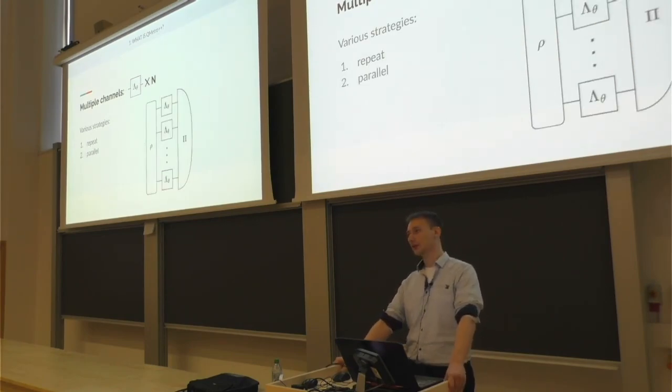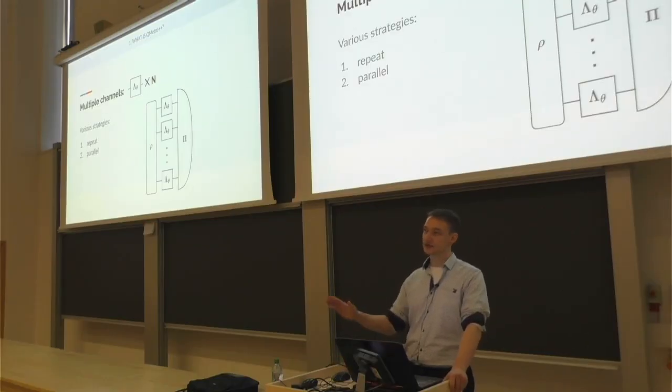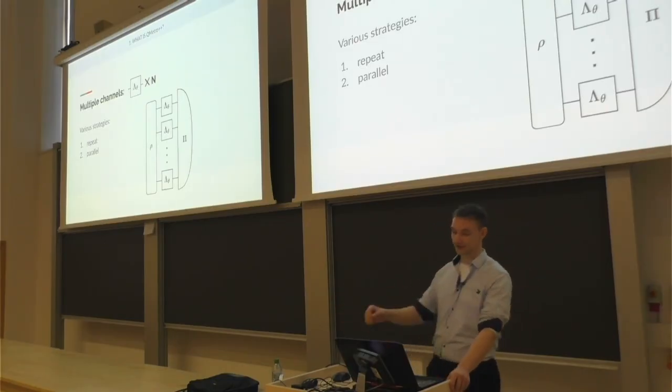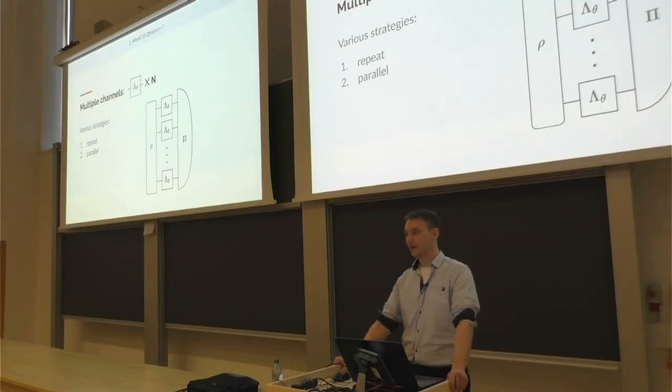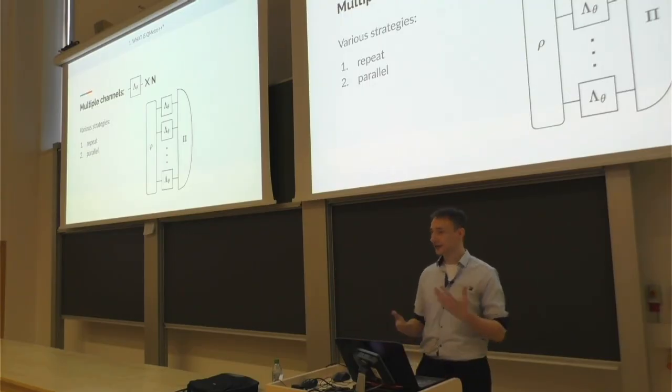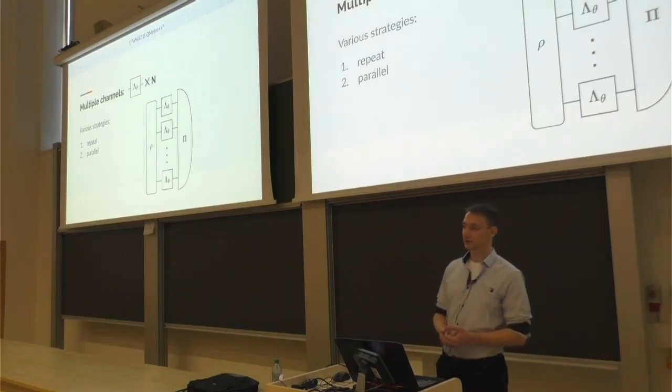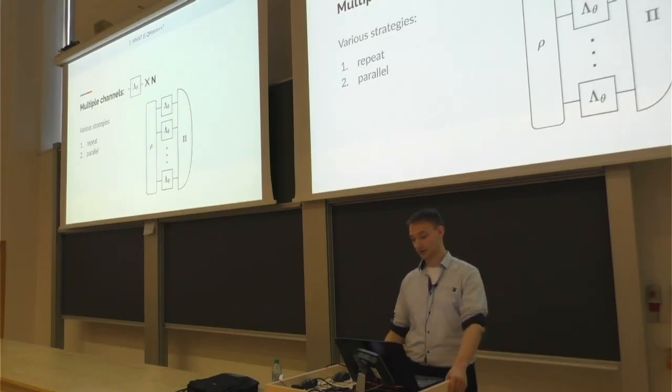For example, we can consider a large entangled state and act on the state with all our channels simultaneously or in parallel. That's why I call this the parallel strategy. And then we can measure collectively the whole output.